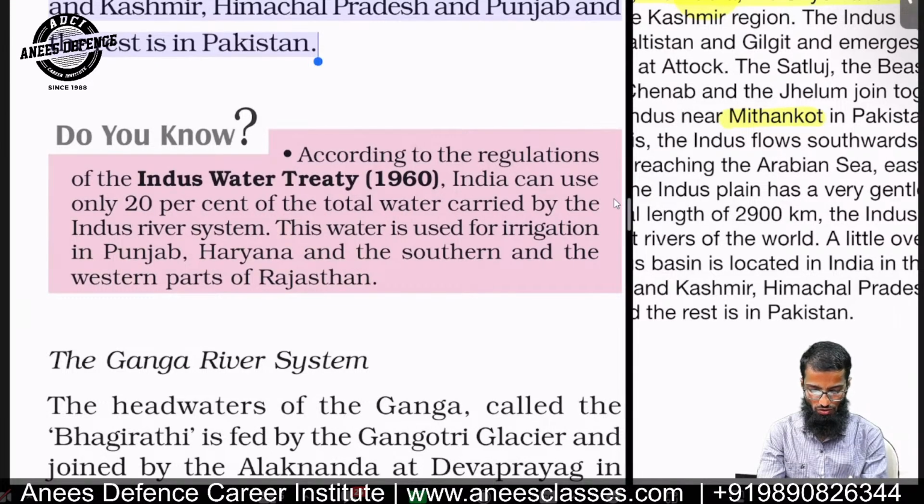India can use only 20% of the total water carried by the Indus river system. This water is used for irrigation. According to the treaty signed between India and Pakistan, only 20% of the water of the Indus can be used by India.